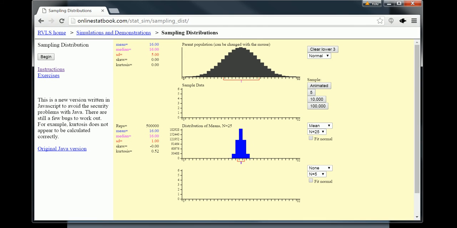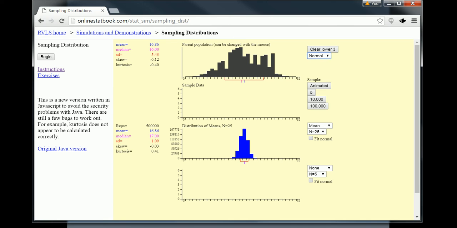We could play more games with this, like we could figure out, okay, what will the distribution look like if we sample from a population that's something like this, a very abnormally shaped population. What if we sample from that 100,000 times? What's the distribution going to look like? Well, it turns out it still conforms to a normal distribution.